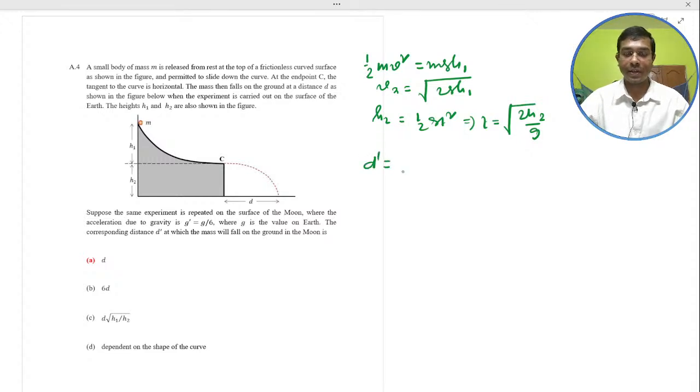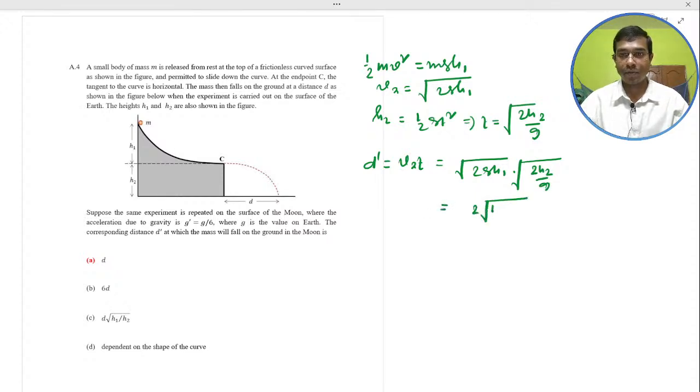So now d dash would become Vx t, that means square root of 2g h1 into square root of 2h2 by g, that will become 2 square root of h1 h2, that means it would become d. D would be the correct answer. Option A is correct. Next.